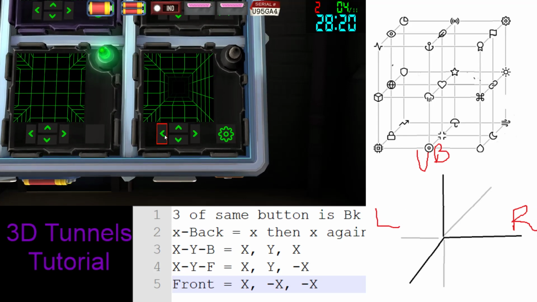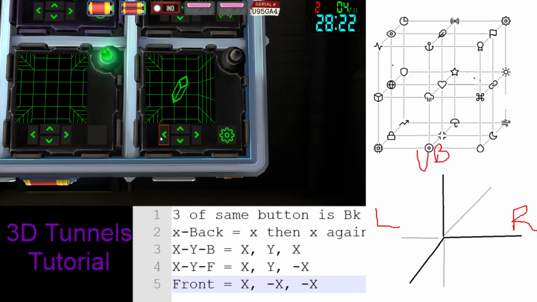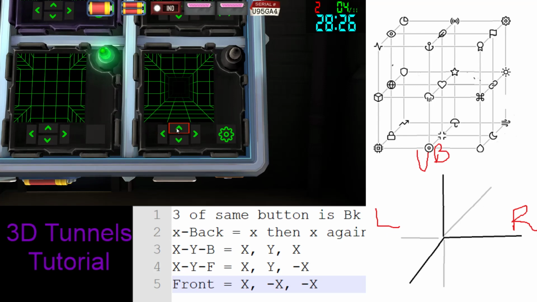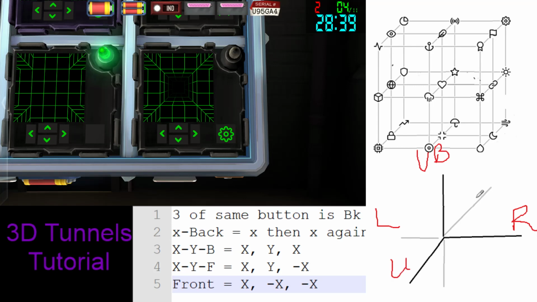Up, left. Up, left is box. Where's box? Here. So I already know this is left, so this is the up portion. Which means this is the back portion.